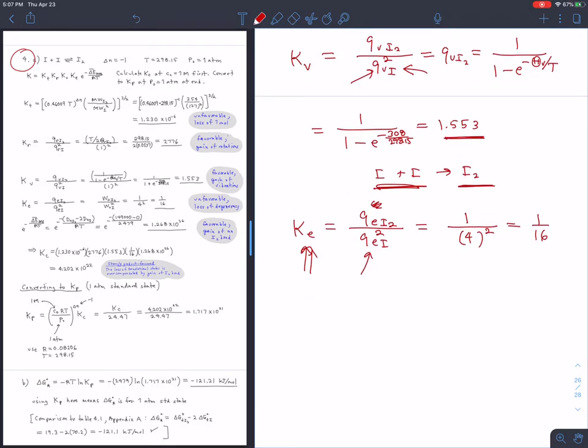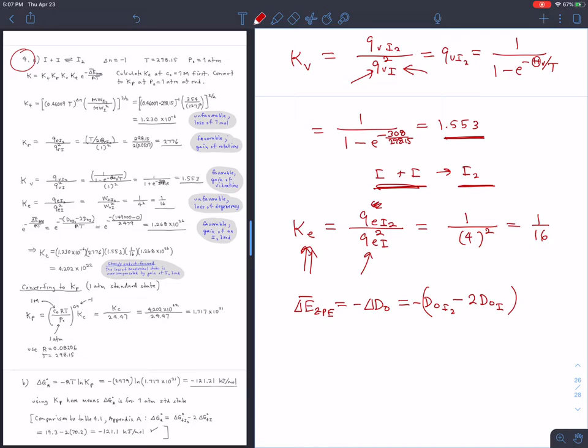Finally, we need this ZPE factor or bond energy factor. Delta E ZPE is equal to minus delta D0 for this reaction. That's equal to D0 for I2 minus 2 times D0 for an iodine atom.